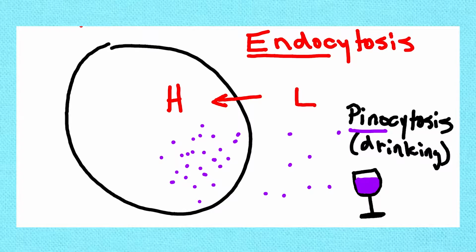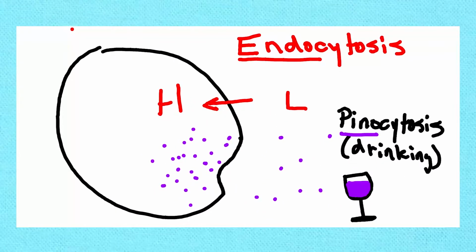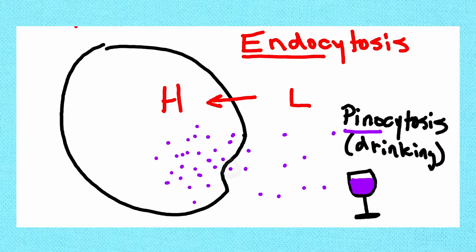The way it does this is very, very similar to exo. It's going to start to fold the membrane into the cell. All the while, any little purple guys are going to be right against the cell membrane, and they're slowly going to get sucked up and engulfed into the cell. It's going to start to pinch this thing off a little bit more and basically do the opposite of exo.